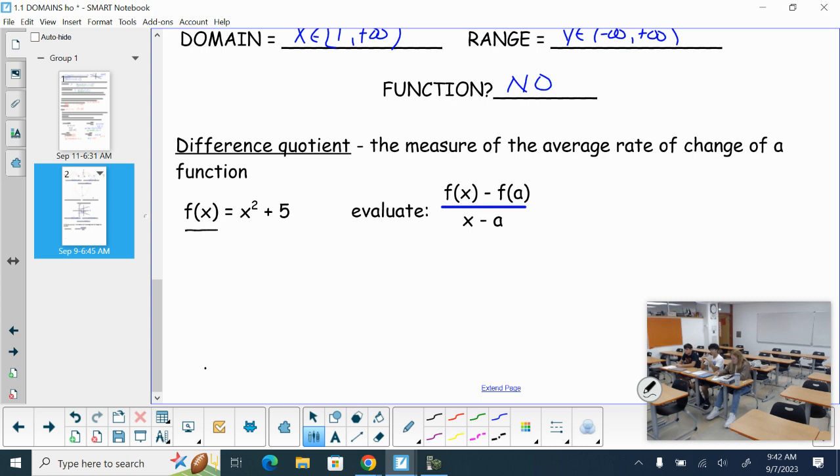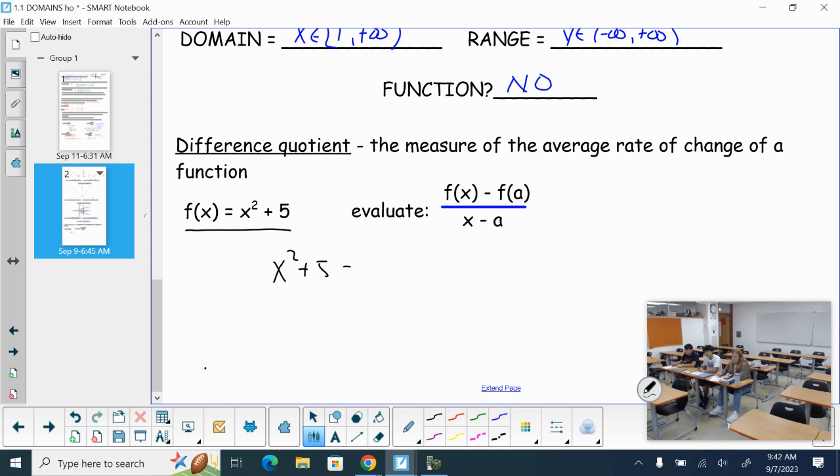So our function here is f of x equals x squared plus 5. To evaluate our difference quotient, we have our f of x, which is x squared plus 5, minus f at a.